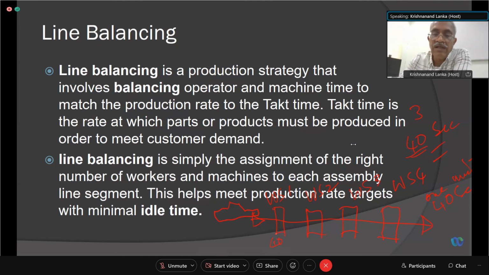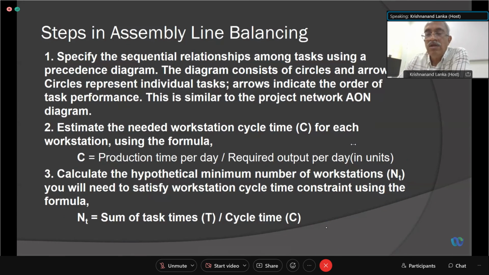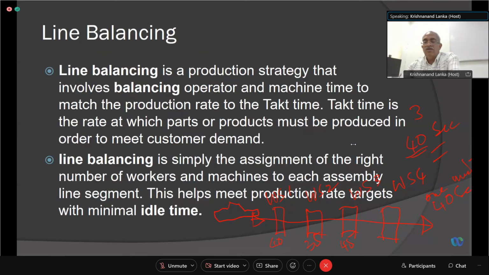Say one may take 40, another may take 45, this may take 35, and the last one may take 41. Then this 45-second workstation, that is workstation 3, will act as a bottleneck.